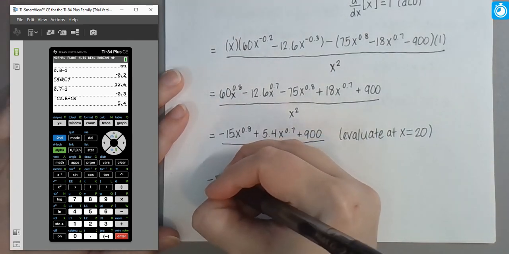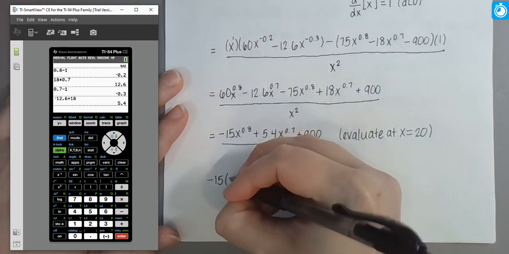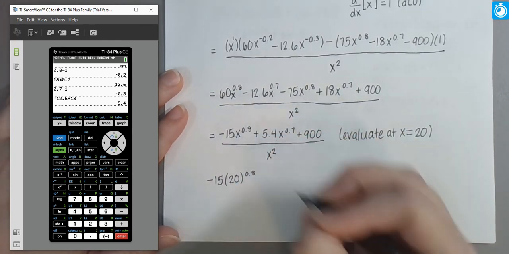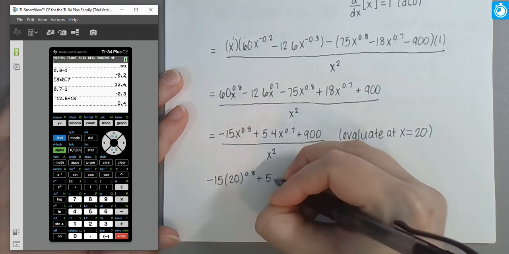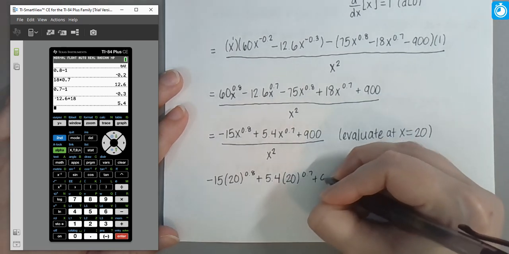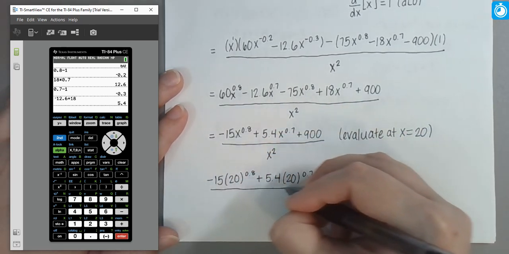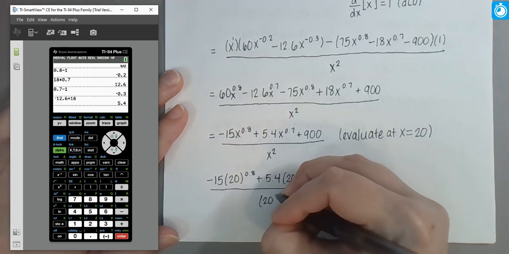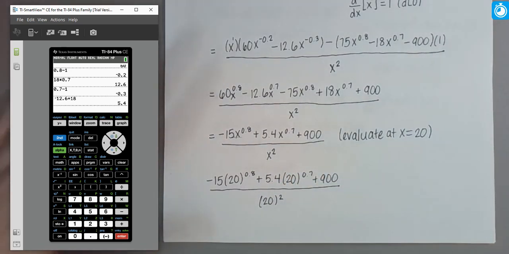So that's going to be negative 15 times 20 to the 0.8 power plus 5.4 times 20 to the 0.7 power plus 900, divided by 20 squared. Of course, we will do this in the calculator, but you've got a couple of different options. You can technically type this whole expression in one line, but if you do that, you need to make sure there are parentheses around your numerator and around your denominator.